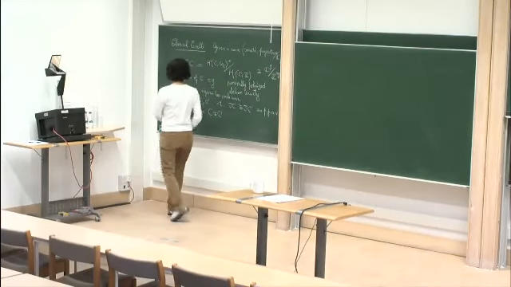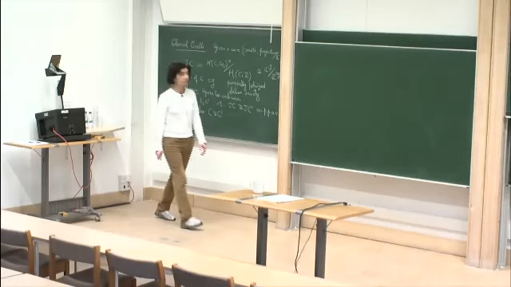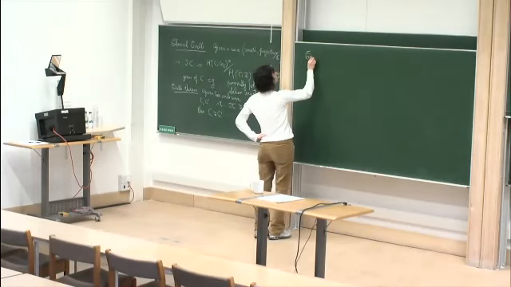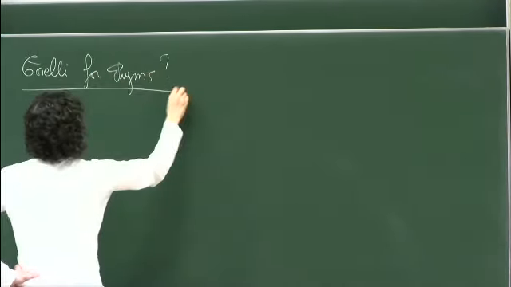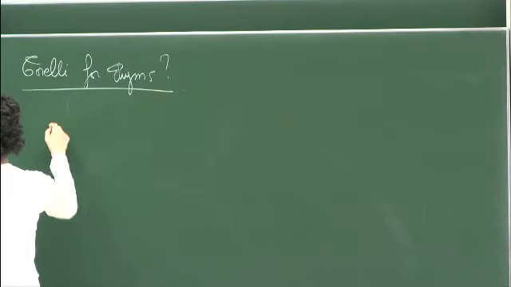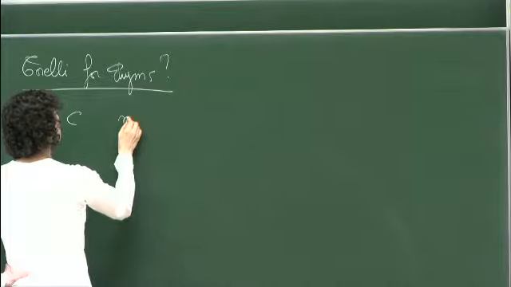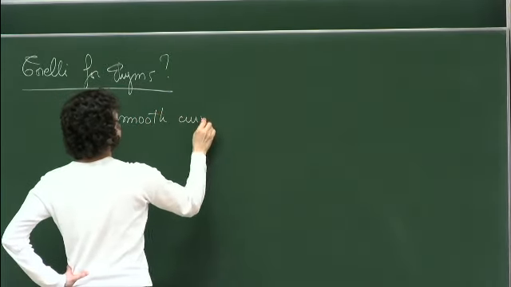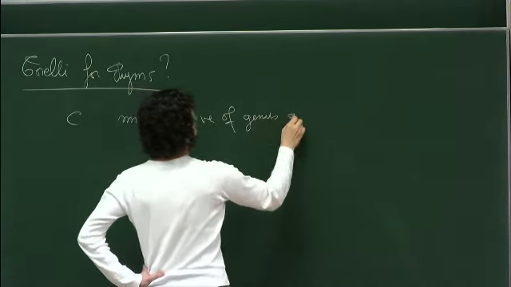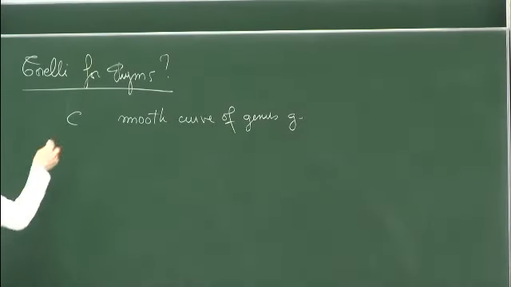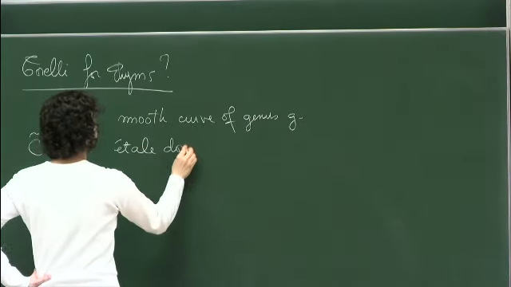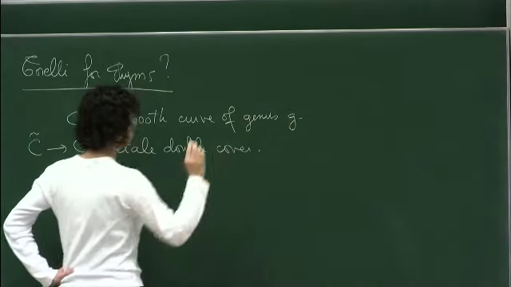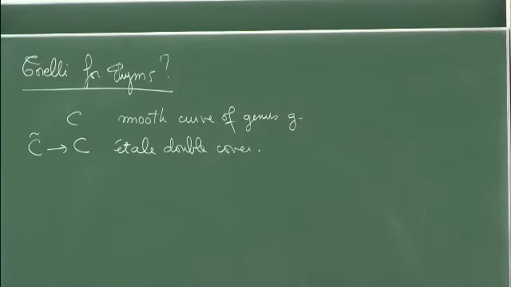And then the case that I want to concentrate on today is the Torelli theorem for Prym varieties. So is it true? First of all, let me tell you what a Prym variety is. If I take a curve C of genus g, then I give myself an étale double cover of this curve. And then I have a norm map.